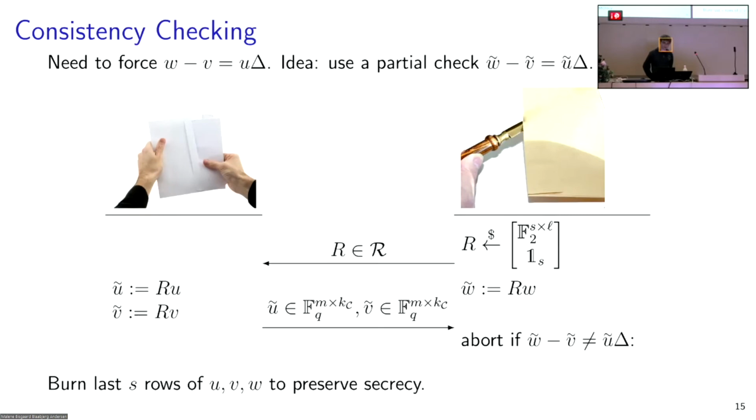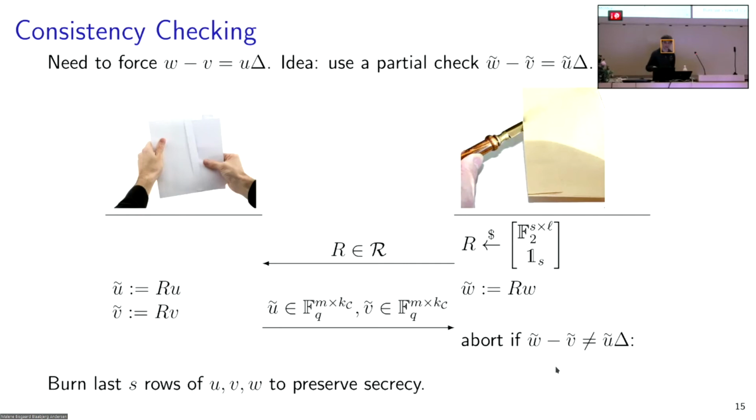So the base OT receiver should generate a random matrix R, and they should check that RU, RV, and RW satisfy the VOLE correlation here. Forcing the last S rows of R to be the identity matrix guarantees that when at the end you burn the last S rows, you preserve the secrecy.